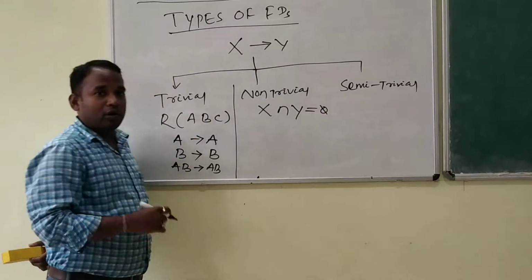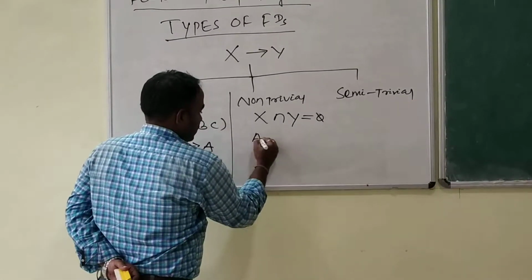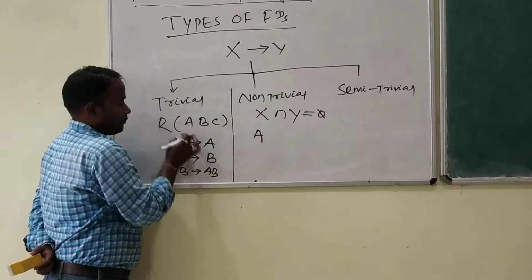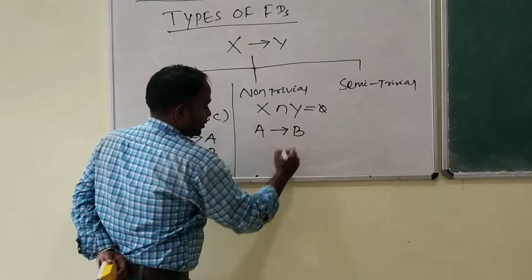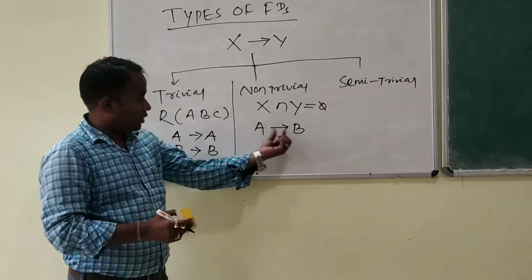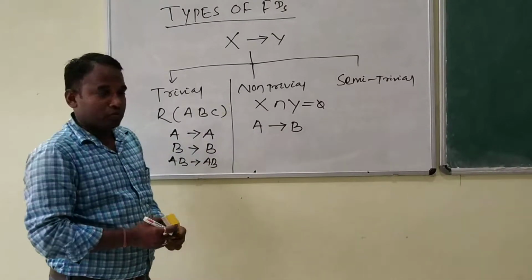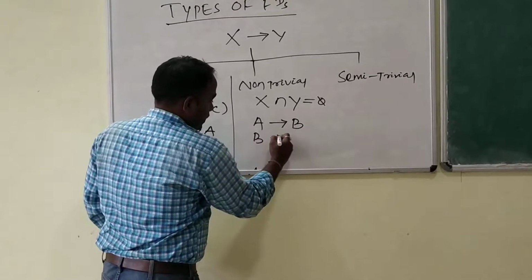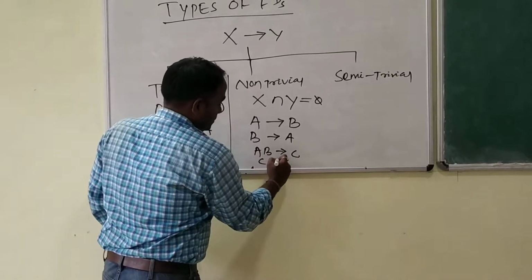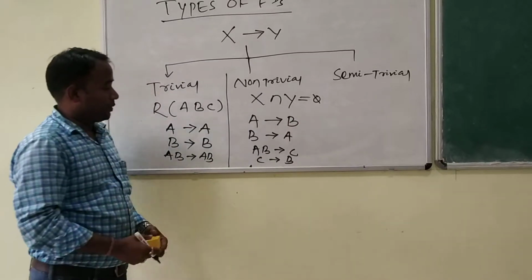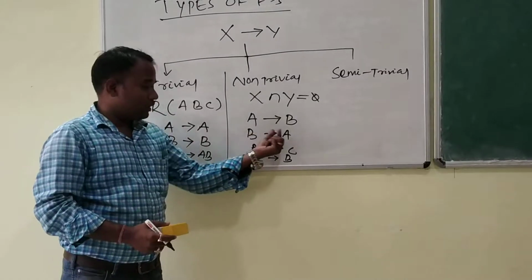For example, on the same relation R with attributes A, B, C, if a functional dependency exists in the form A determines B, there is no common attribute on the left and right hand sides, so we call it non-trivial. Other examples can be B determines A, AB determines C, and C determines B. These are non-trivial functional dependencies, as there is no common attribute between the left hand side and right hand side.